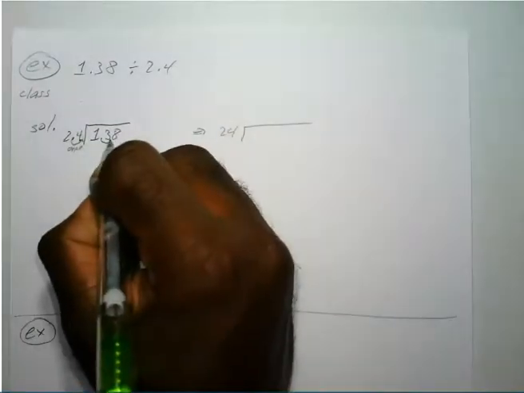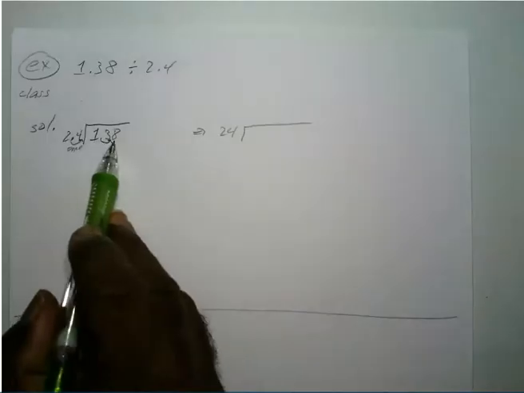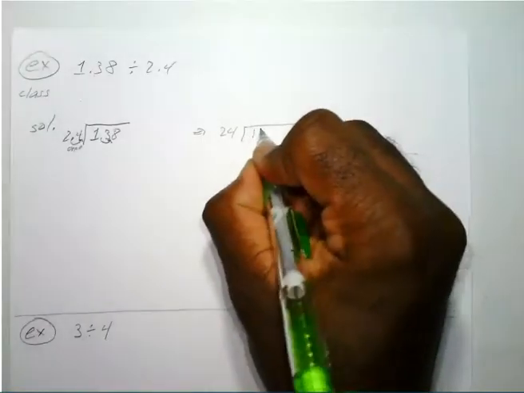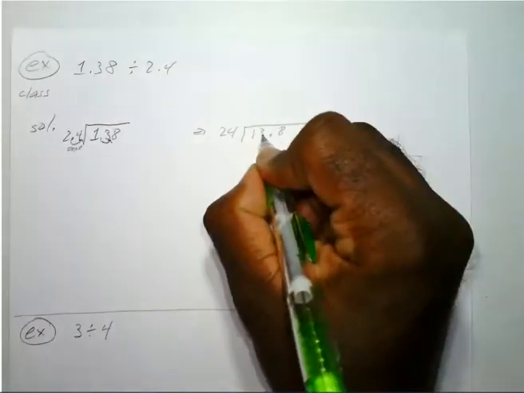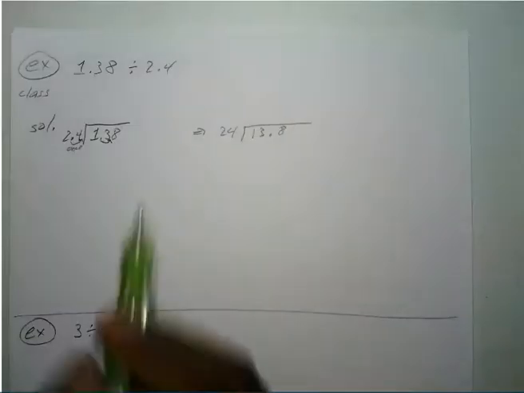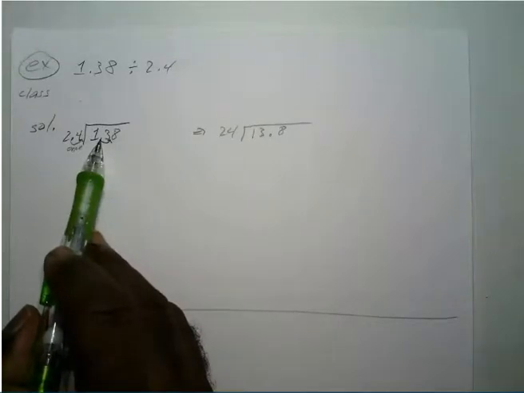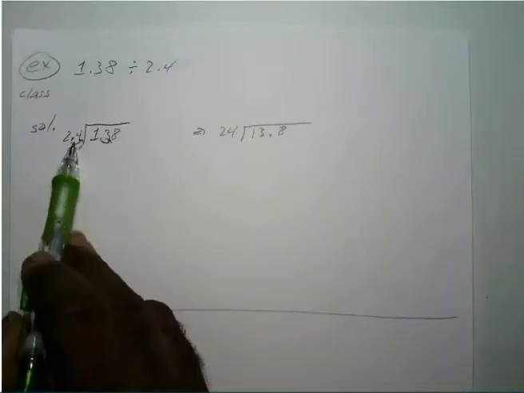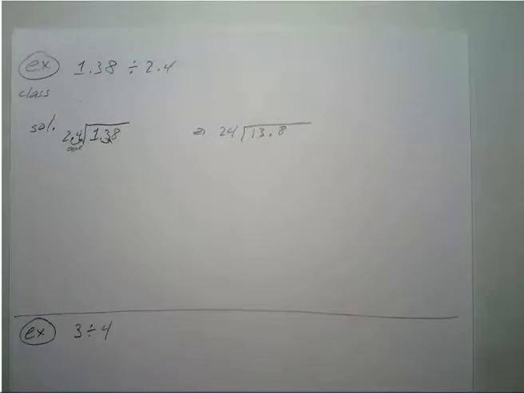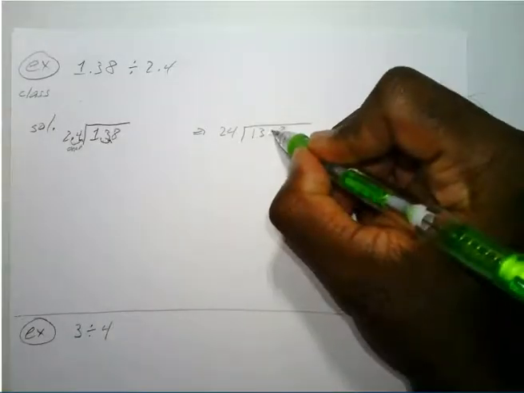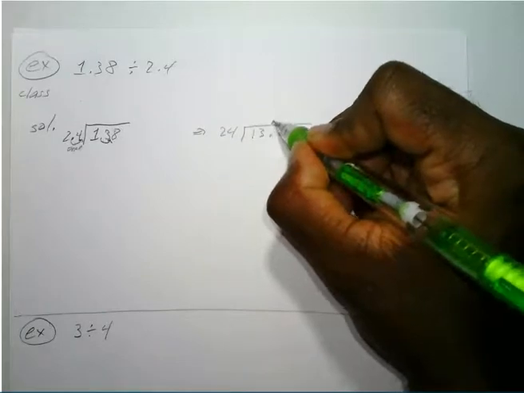So instead of 1.38, we have 13.8. We just moved it from behind the 1 to behind the 3 because we only moved it once here, we move it once here. And we get our decimal, and we move that straight up.